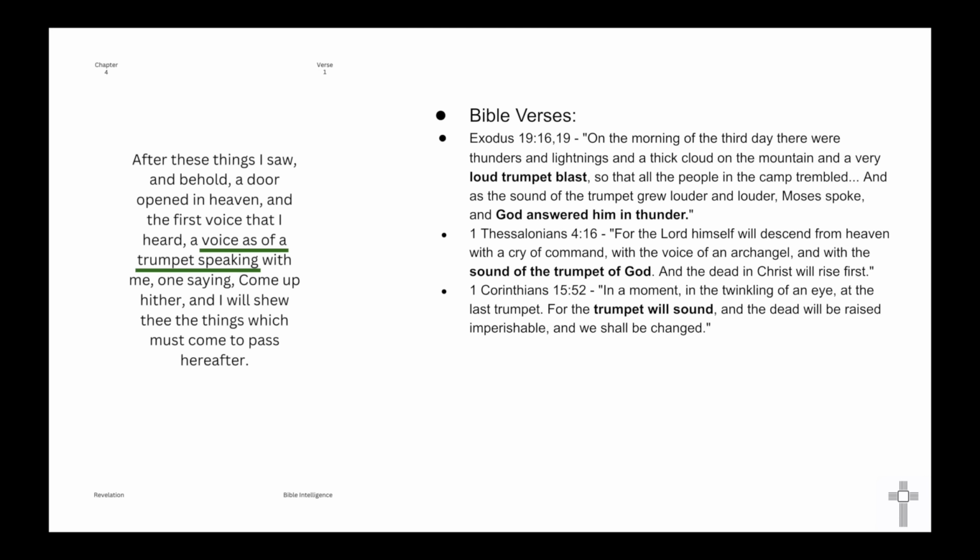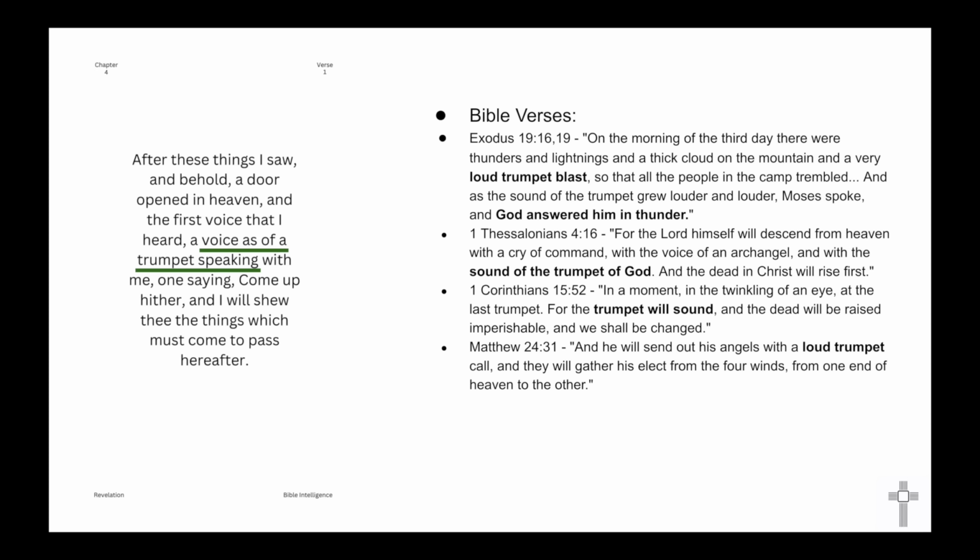And again, this is a theme that we're going to see later on in Revelation, where when there's this final judgment, the dead will come back, we will be judged, and we will be sorted, kind of like the righteous and the non-righteous. We also see in Matthew 24 this idea of the trumpet, and he'll send out his angels with a loud trumpet call, and they will gather his elect from the four winds, from one end of the heaven to the other.